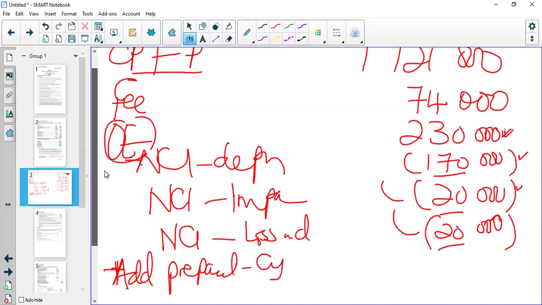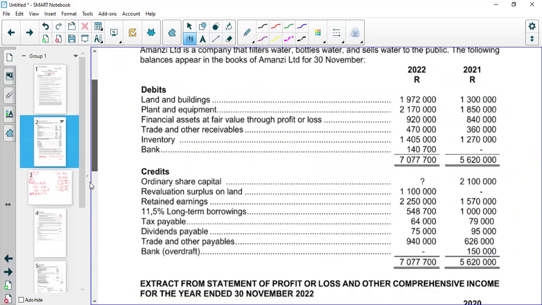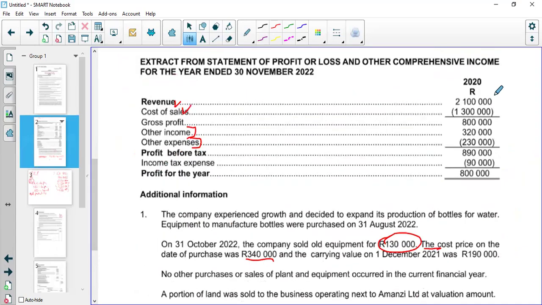But they won't be included in other expenses. Remember, a prepayment is an expense for the following year, but we include it because it was paid during the current year. So it won't be part of all these expenses that you see in the income statement, right? You see these expenses here. You won't be able to see them.